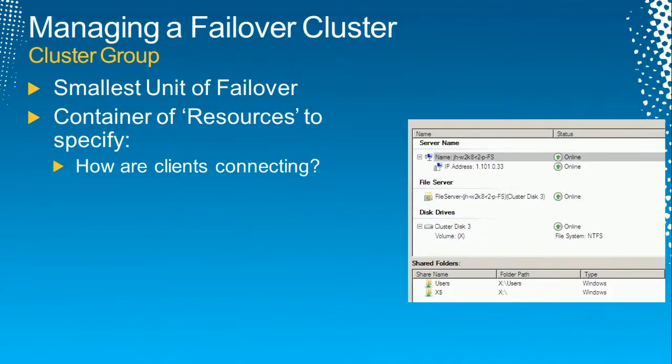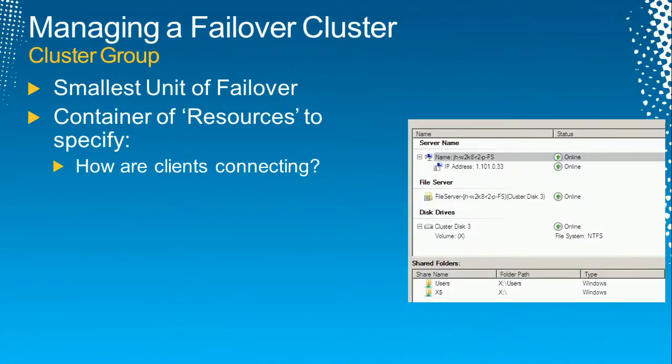So when we created the cluster, we gave it a cluster name. That's the name that the admin uses to connect to the cluster if he's using Failover Cluster Manager or the RSAT tools. That is not a name that you want your clients connecting to. So if you're planning on deploying a failover cluster with Exchange, you don't want that cluster name to be the one you're intending to use for Exchange. The first one you enter is the one you're going to use to administer the cluster.